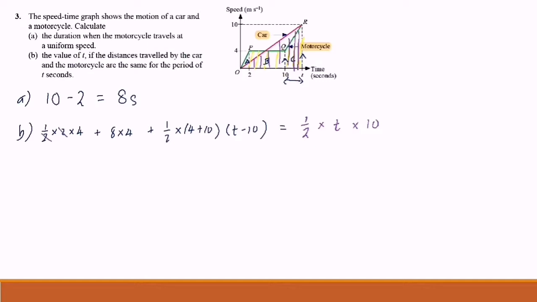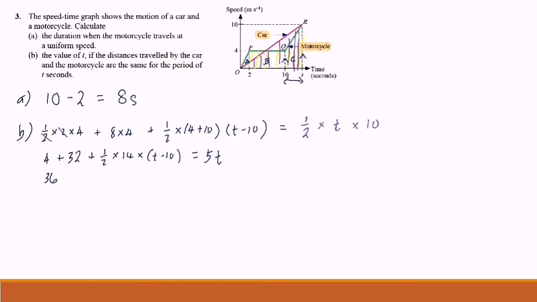So here we simplify. We get 4 plus area B is 32, plus 1 over 2 times 14 times t minus 10, equals 5t.